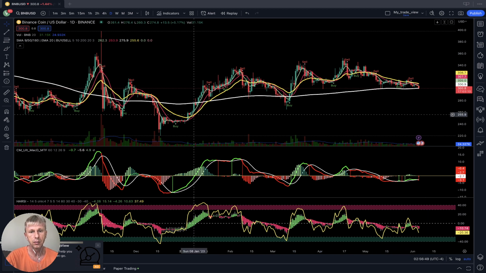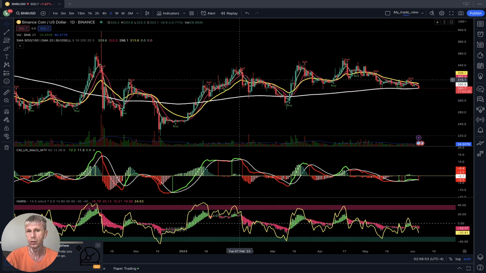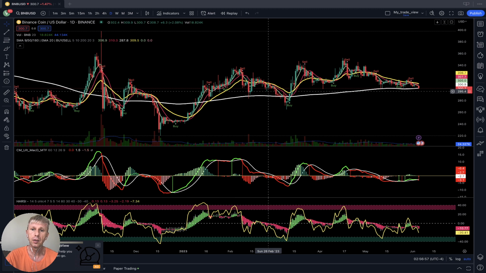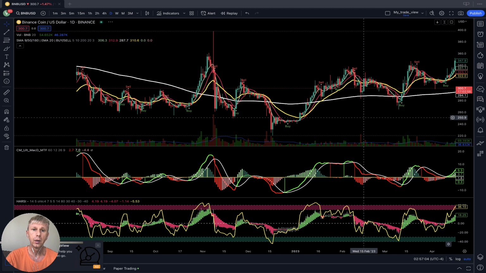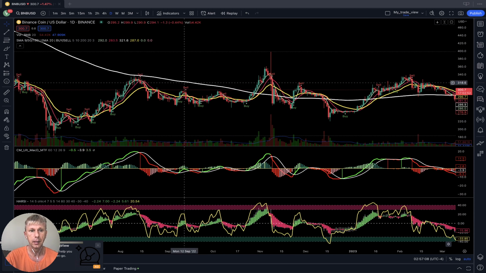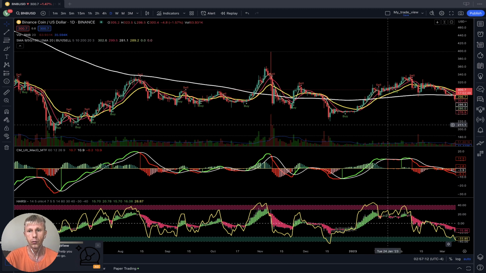Each time bars are above the yellow line, it is a bullish trend. Very, very simple. And when MA20, the yellow line, is above 200, it is bullish positive territory. When the yellow line is below 200 and 200 is in a downtrend, it is bearish territory, fully bearish territory.